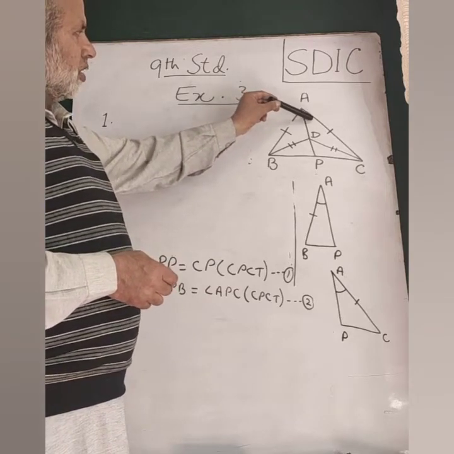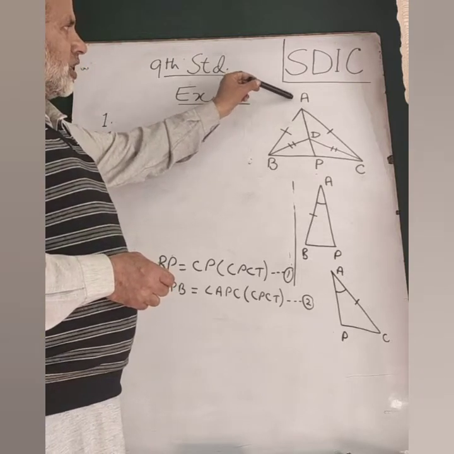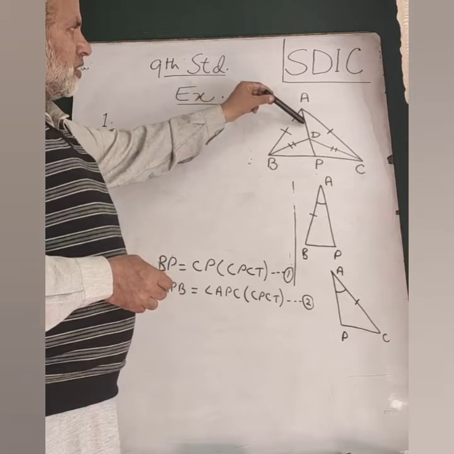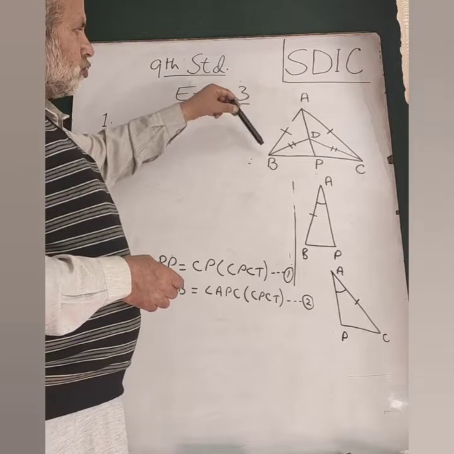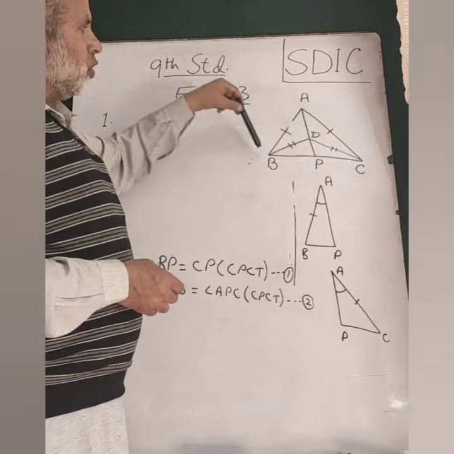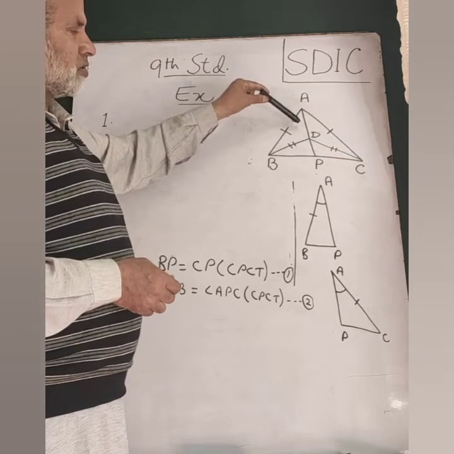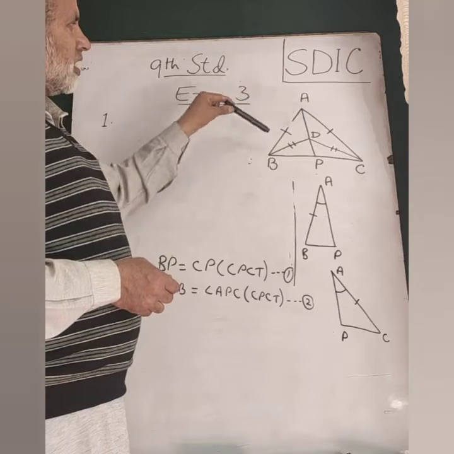Now when two angles are equal here, at vertex A, angle A is divided therefore by the line segment AP. By angle A we mean actually which angle? Angle BAC, the whole angle. It is divided by AP here into two equal parts. Means AP bisects angle BAC.